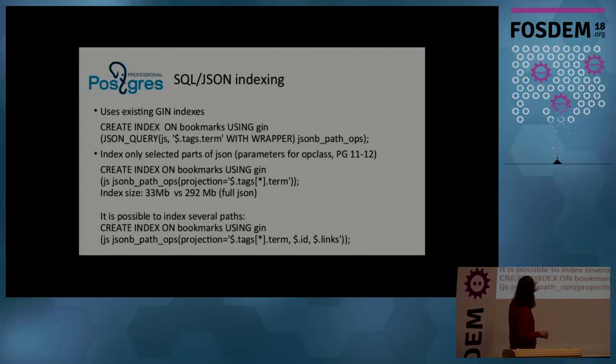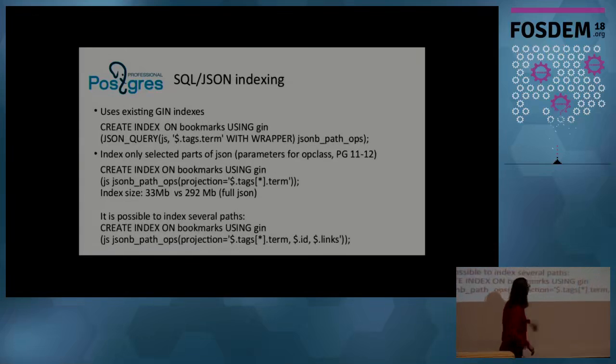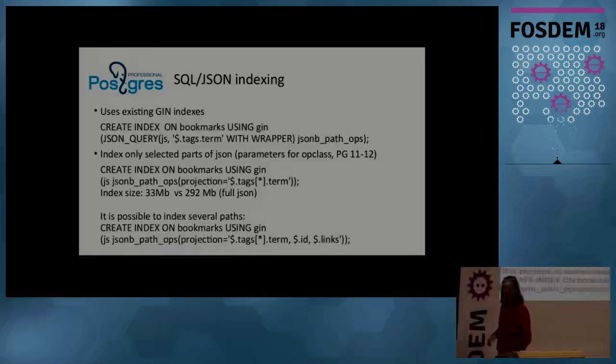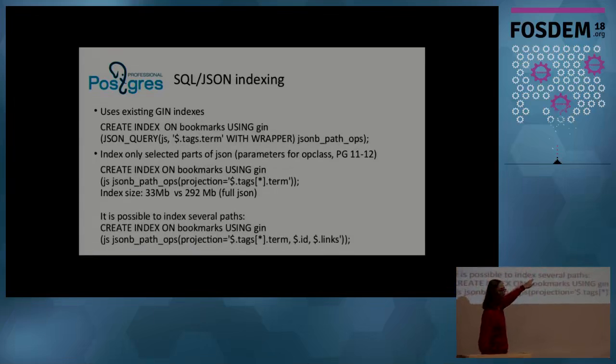So we are working on the patch, opclass parameters, so you can specify parameters for indexes. In the case of JSON path, it's called projection, and we specify which part of JSON we want to index. And the result is very clear: 33 megabytes versus 292 megabytes.